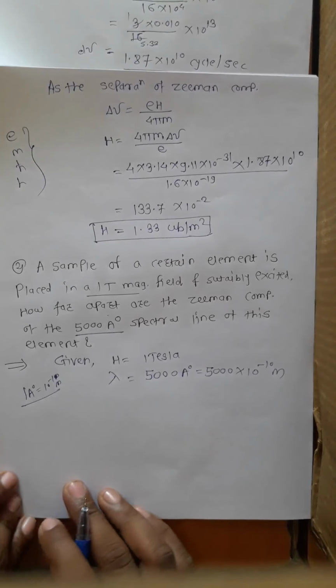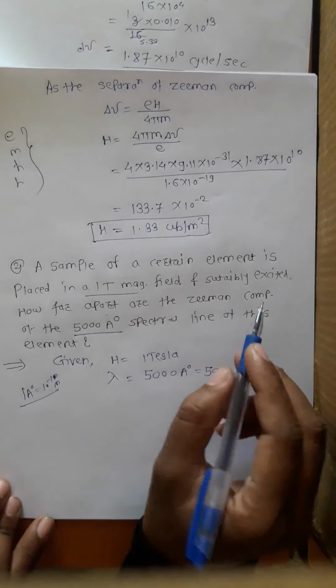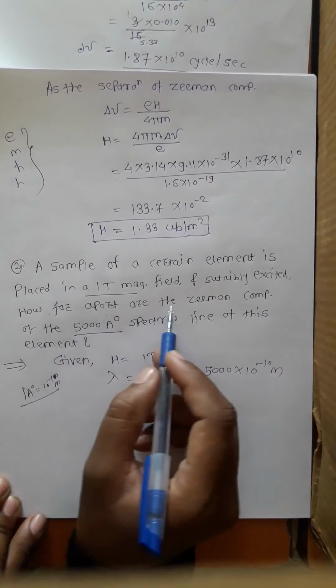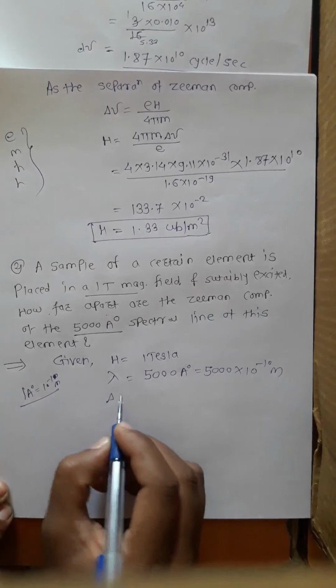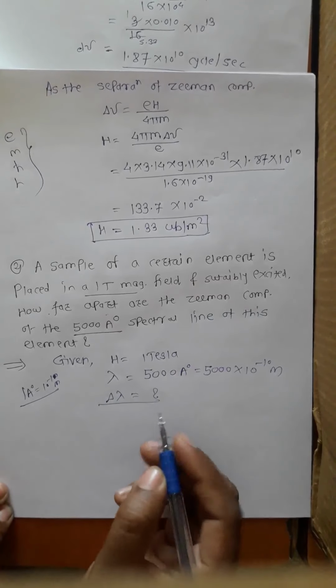Then you have to calculate how far apart are the Zeeman components. We have to calculate the delta lambda. What is the value of delta lambda?